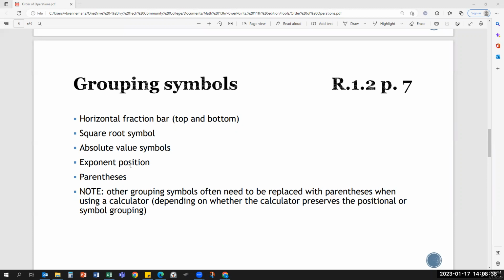If the exponent is written with the caret symbol rather than the exponent position, any lower level operations in the exponent would need to be grouped using parentheses. That type of thing is going to depend on your specific calculator, whether you need to add the parentheses, depending if it loses that positional type grouping.